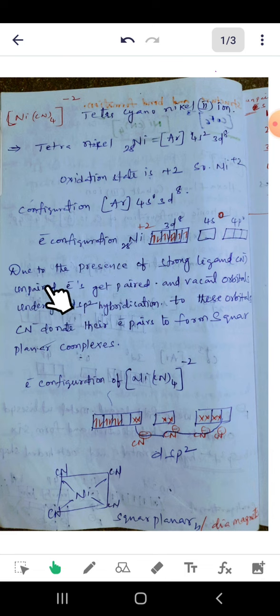Due to the presence of the strong ligand cyanide, unpaired electrons get paired and the vacant orbitals undergo hybridization. As we discussed previously, for coordination number 4 the complex gets sp3 or dsp2 hybridization. Here, with a strong field ligand, the inner orbital is also involved, so dsp2 hybridization takes place. That point you have to remember.